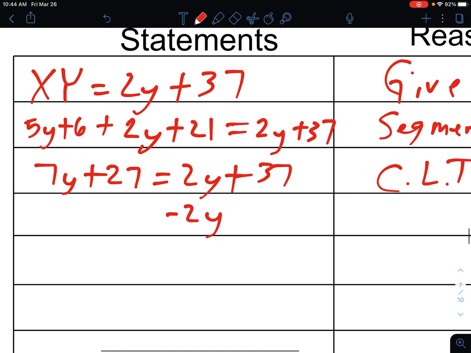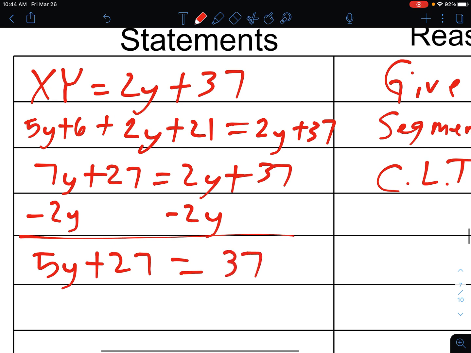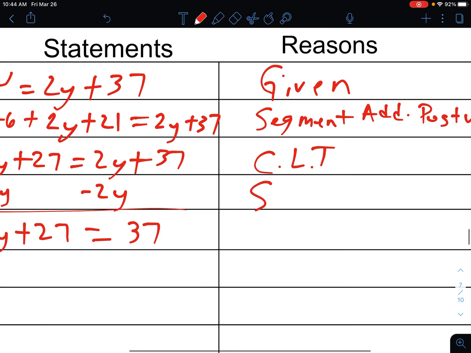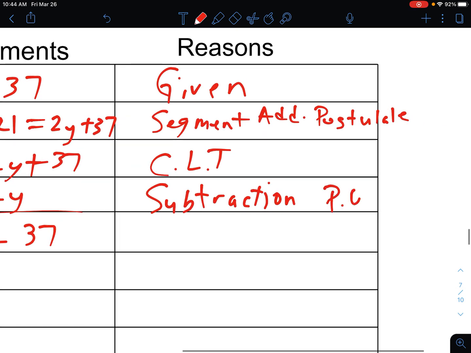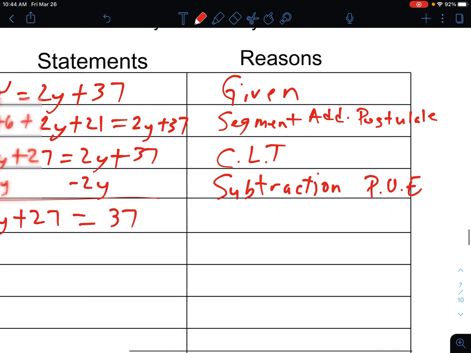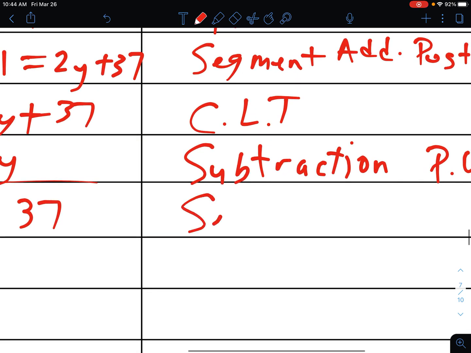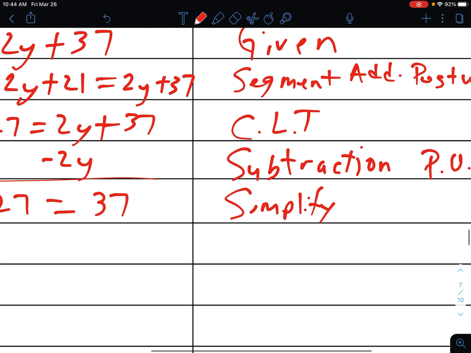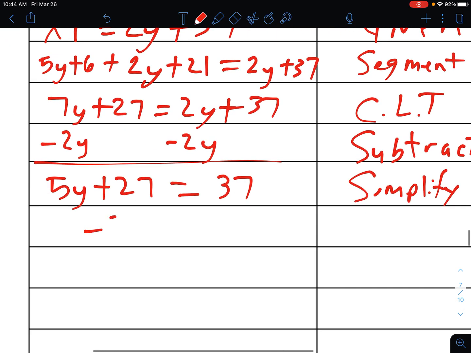And now we're going to subtract 2i. That was the subtraction property of equality. And then we simplified. And we subtract 27.